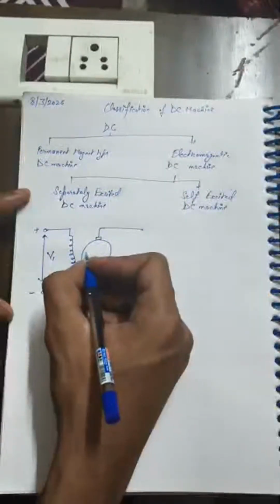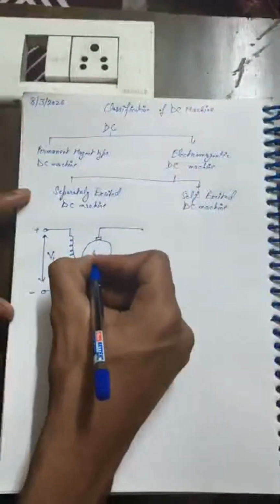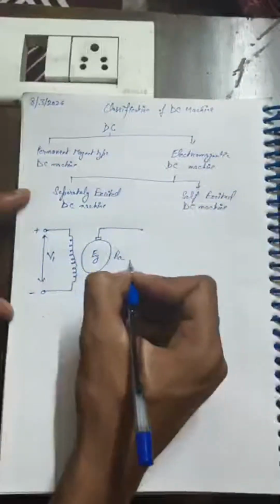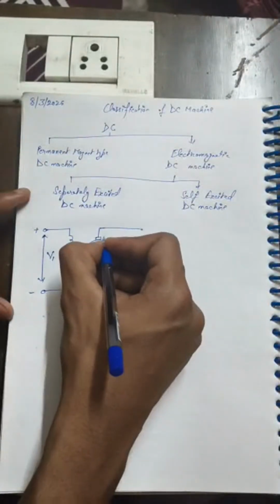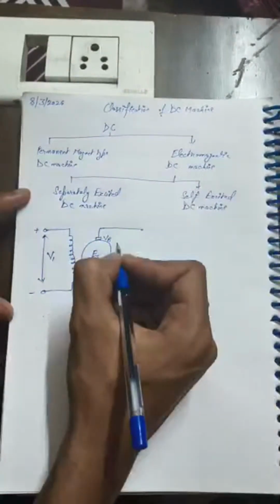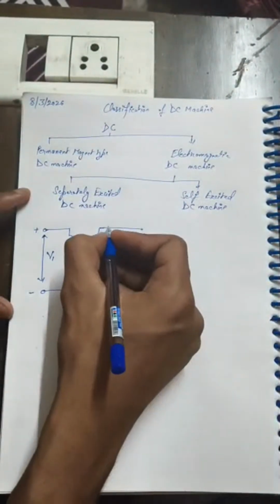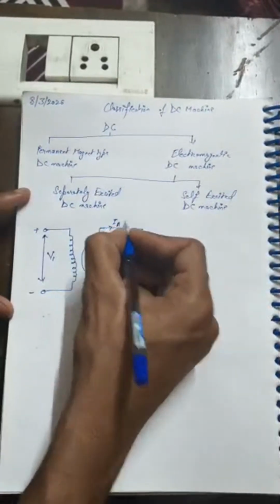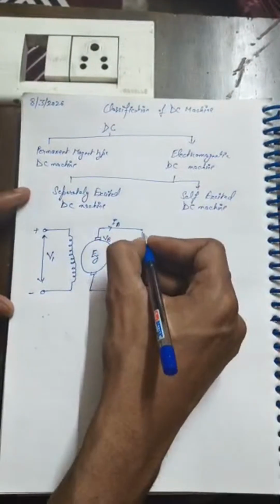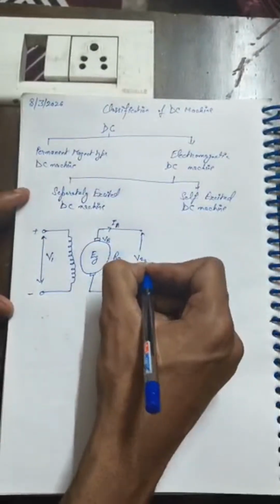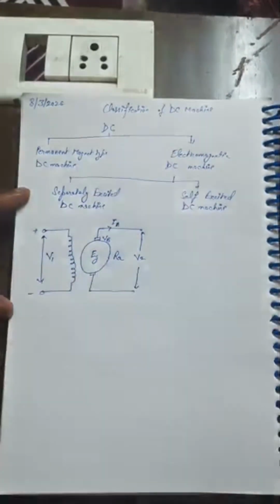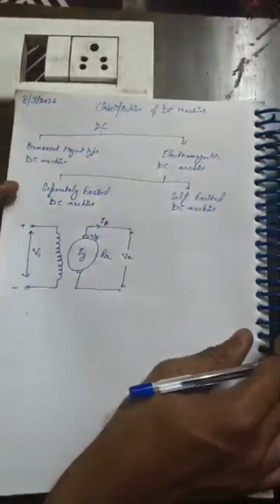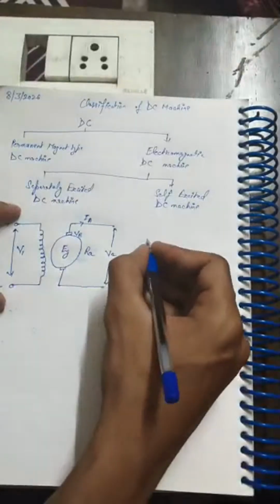The generated voltage in case of a generator is Eg, where the resistance of the armature is Ra, and here are the brushes, which cause the brush drop in the armature, and the current flowing through it is Ia. The voltage obtained at the terminals is V2. Now this is the diagram for a separately excited DC generator.